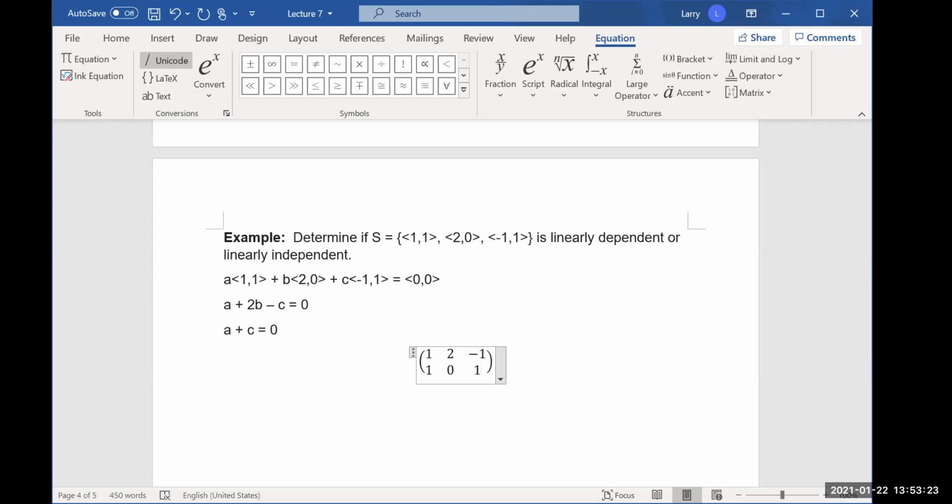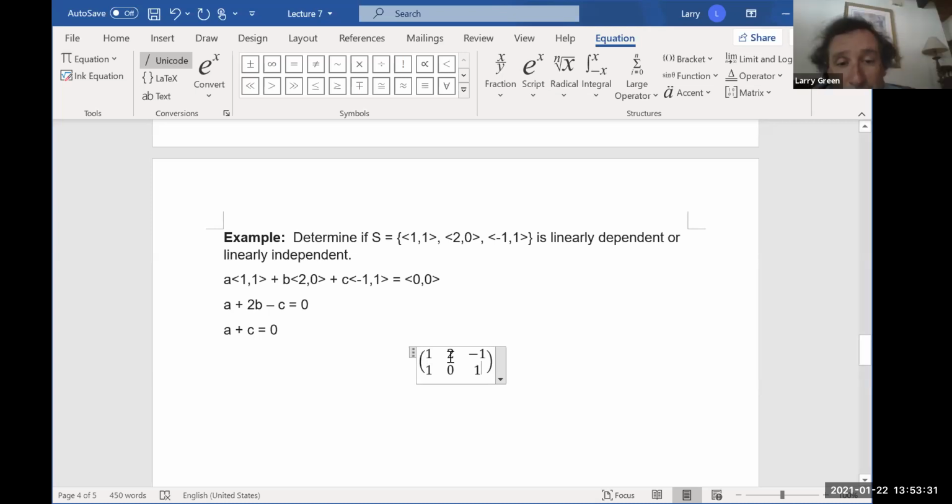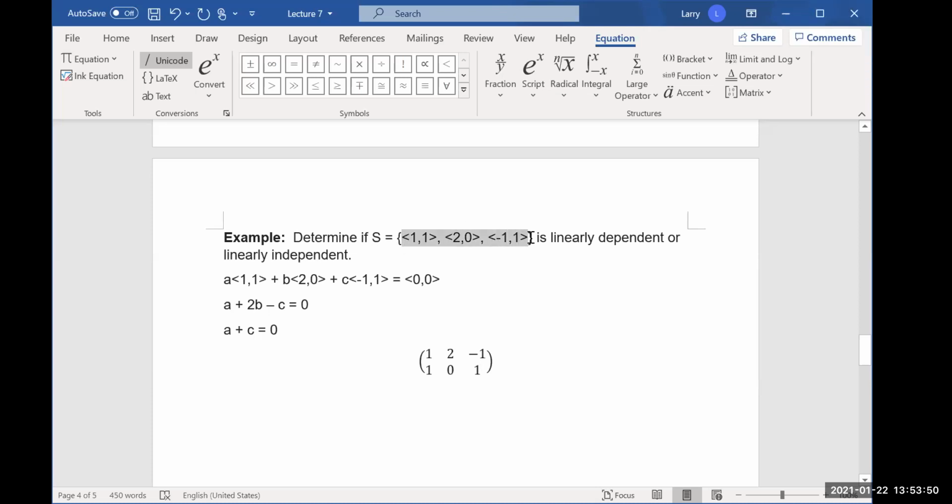Yeah, we're going to add the 2 rows together, and so it's better to group them into columns. I mean, why didn't I say 1, 2, negative 1, 1, 0, 1 when I read this matrix? I read it as (1, 1), (2, 0), (-1, 1). It's the same matrix, but I thought of it differently, as a vector. Yeah, and it has to do with the question. Look at the question: they're 2 by 2 vectors. So you go, okay, yeah.